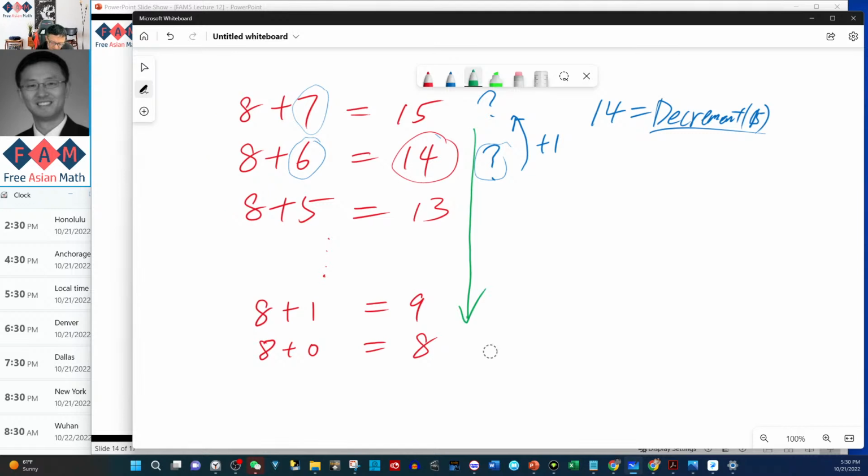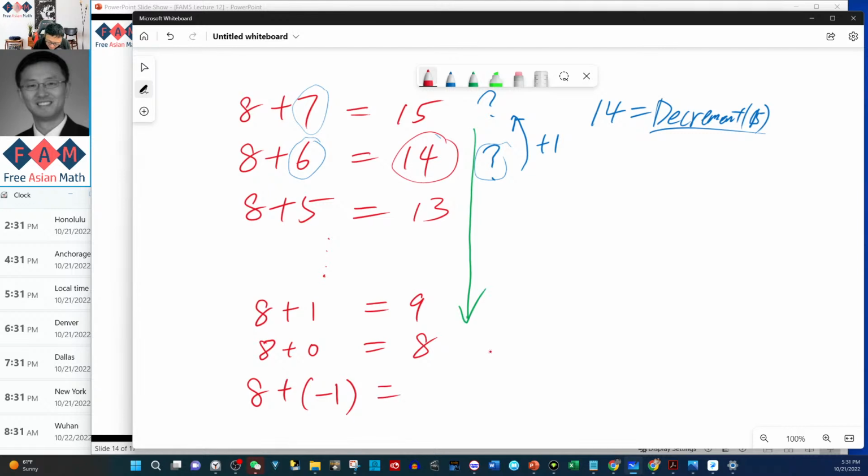The point now is that based on this observation, what do you think? What should we have if we define this guy, 8 plus -1? Remember, we don't even have a definition of what this animal is. We have no idea what this should be. But based on what we observe, what do you think this should be?